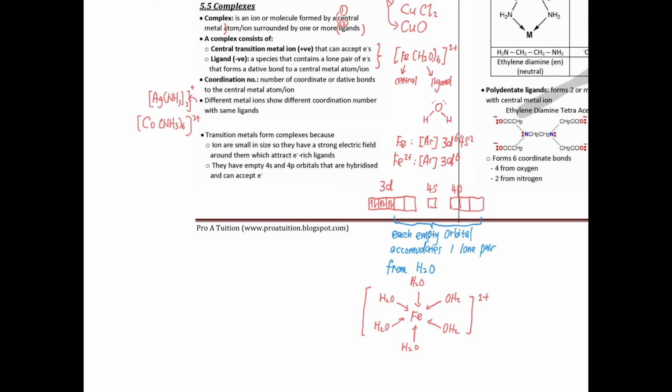Ligand has lone pair, so of course, lone pair means negative. So the transition metal, which is positive, attracts the ligand, which is negative. So they form a complex. They have empty 4s and 4p orbitals, as you can see I drew out here, 4s 4p. Sometimes you have 3d as well, that are hybridized and can accept electrons. How they hybridize, we don't care for now because this is university syllabus. So let's move on. Okay, the next one.